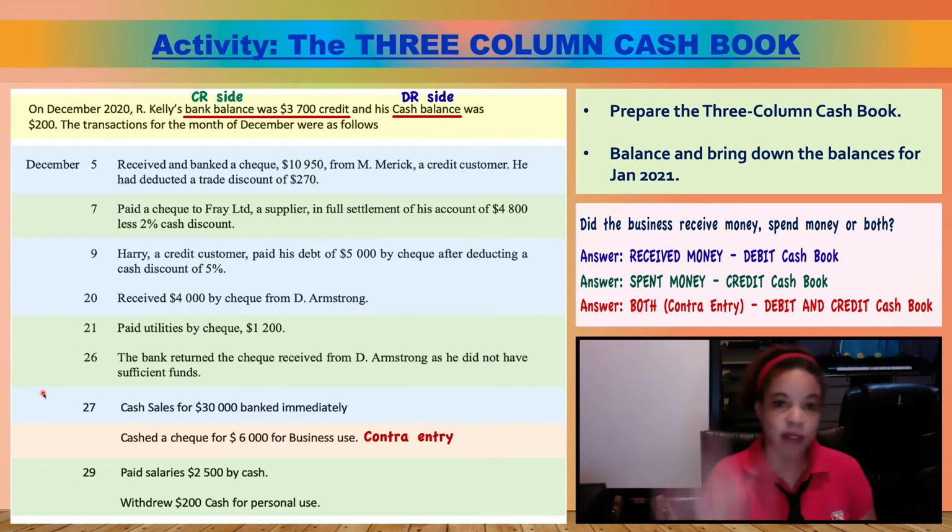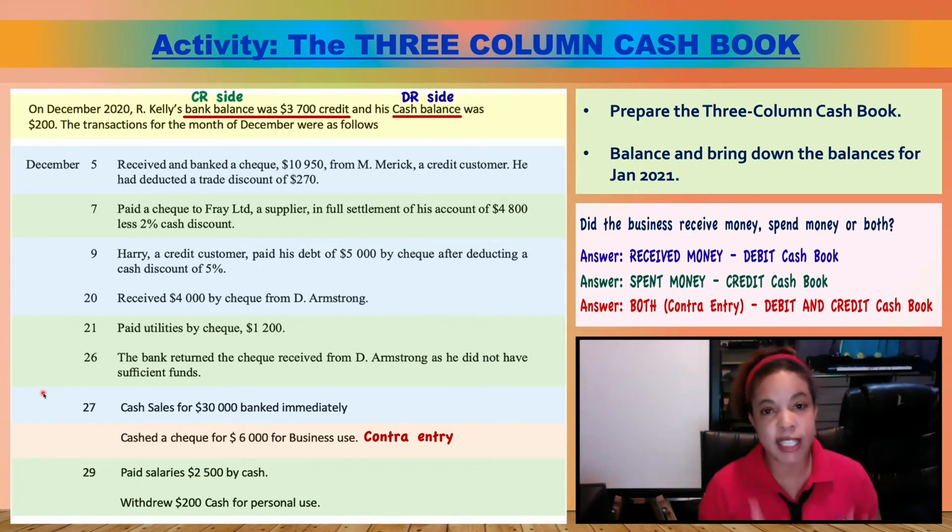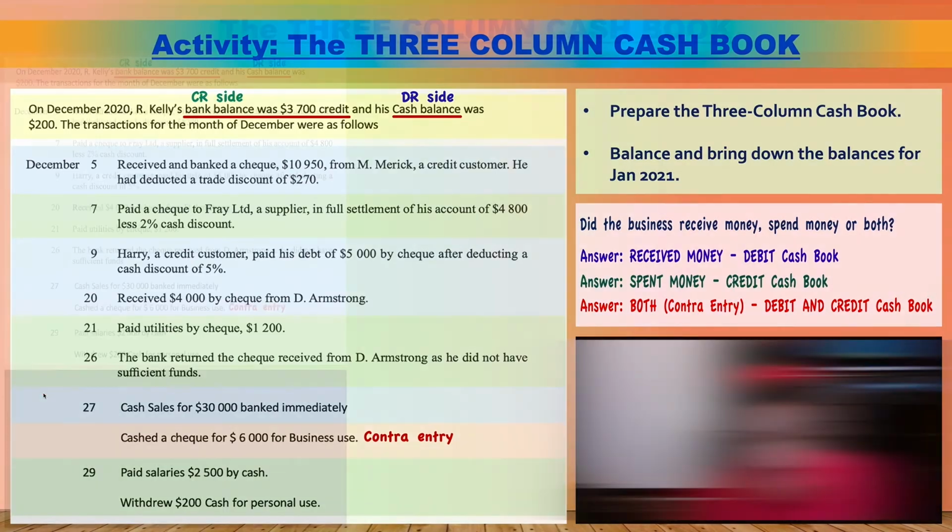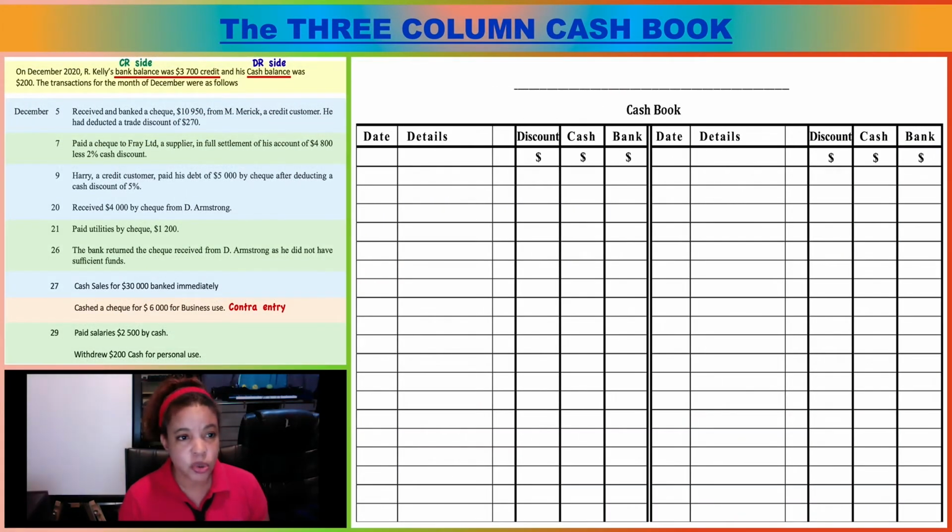So here we have where we have just gone through, we have identified the sides. So we are now going to go on to the other part. We're going to put it on the relevant sides, and we are also going to do the calculations that come with that. So here we go. And you start with the name of the business, R. Kelly.